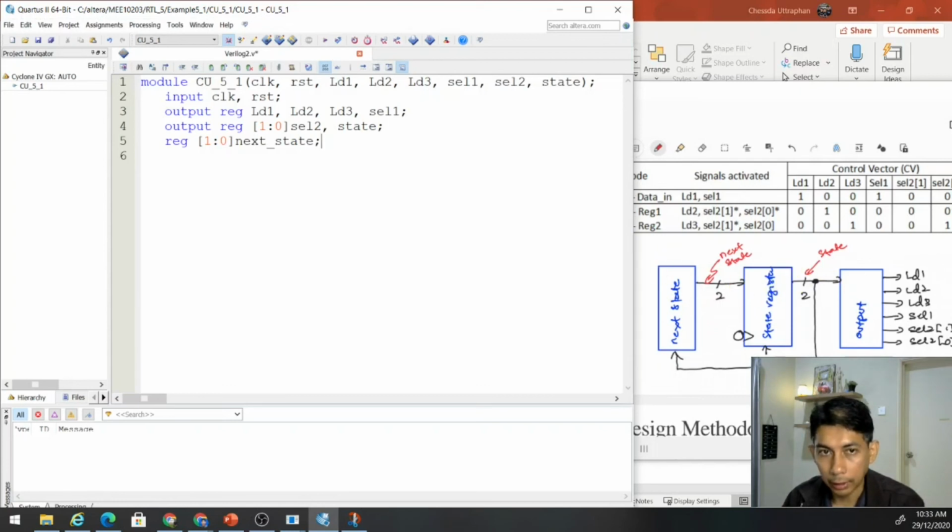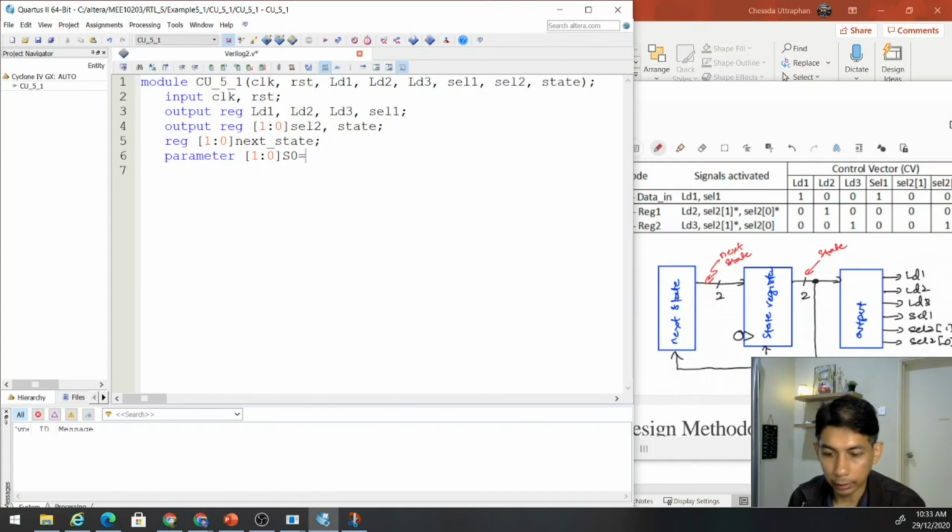Next state, and because we want to create the finite state machine, we need to create the state names using parameter, and this is 2-bit, named as 0, right?